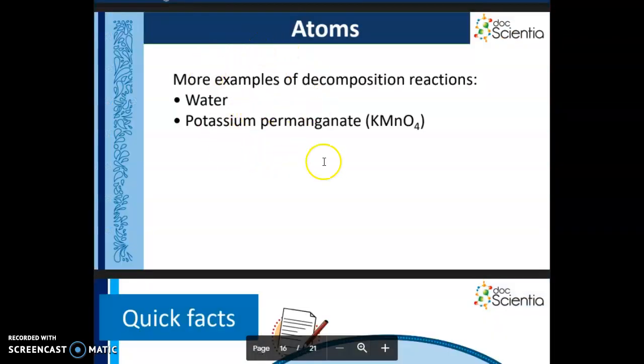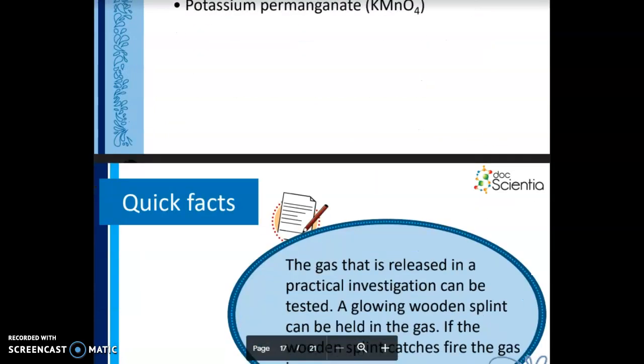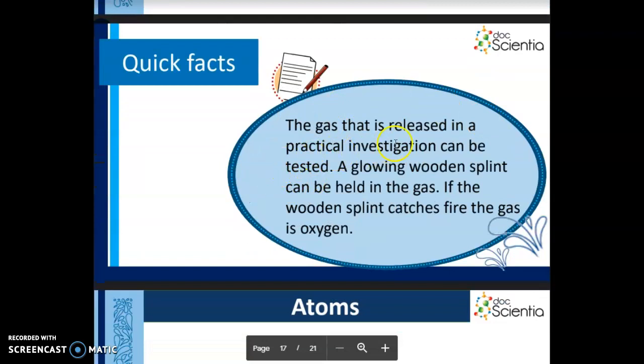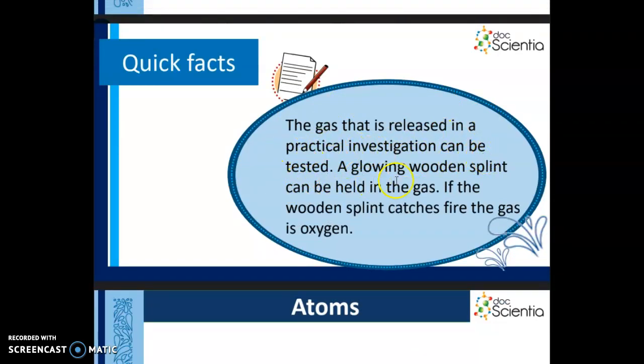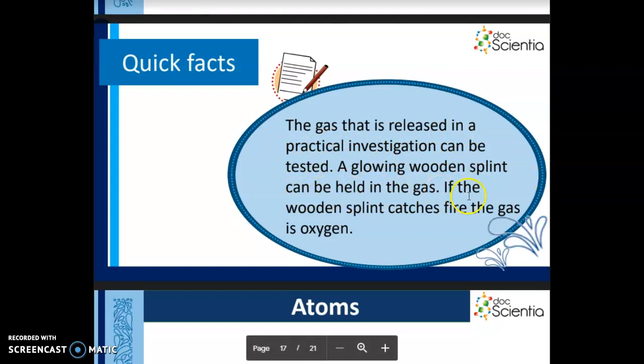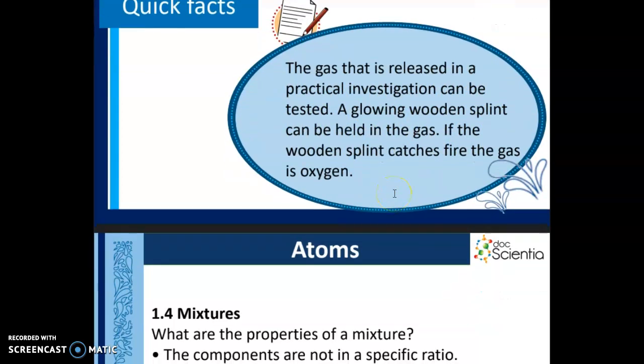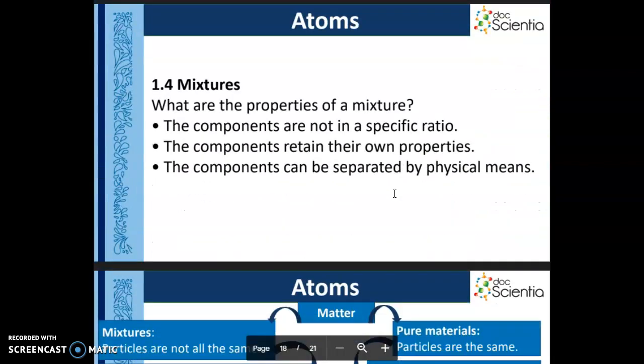You can look at the examples, but some more examples of decomposition reactions are water and potassium permanganate. That's a difficult word. Alright, quick facts. The gas that is released in a practical investigation can be tested. A glowing wooden splint can be held in the gas, and if the wooden splint catches fire, the gas is oxygen.